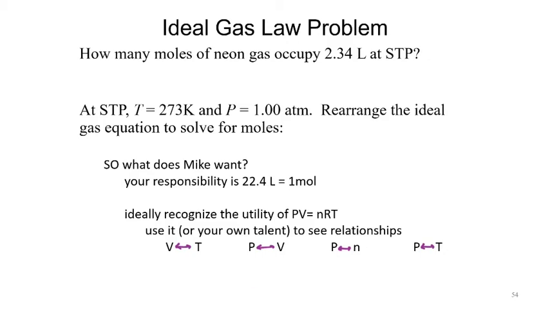All of those relationships exist, and you are responsible for all of those relationships. If you choose to memorize those as individual relationships, then you are good to do so. If you instead choose to memorize PV equals nRT and understand the algebra that allows you to interpret each of those individuals, all the more power to you.